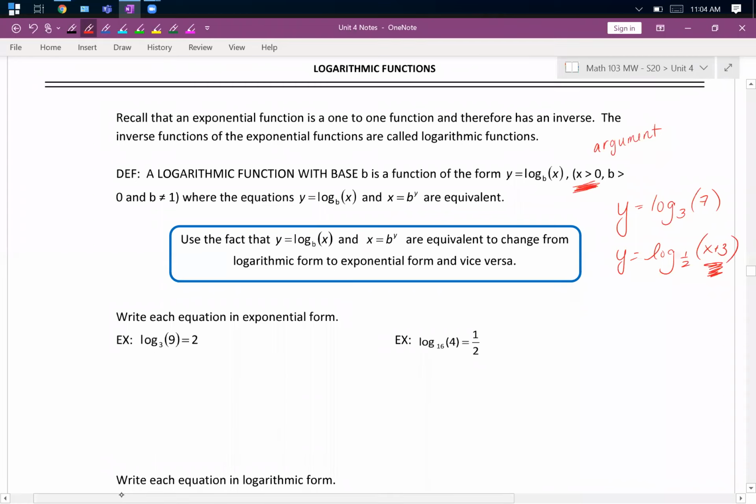And then the other big thing is the relationship between exponential form and logarithmic form. You know how we can convert notation back and forth between a rational exponent and radical form?